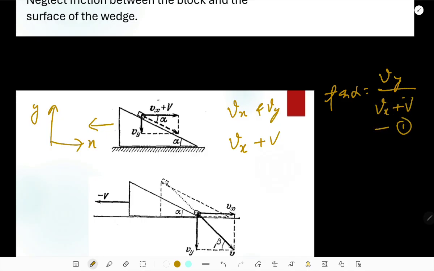This can be one of the equations you will be able to write.